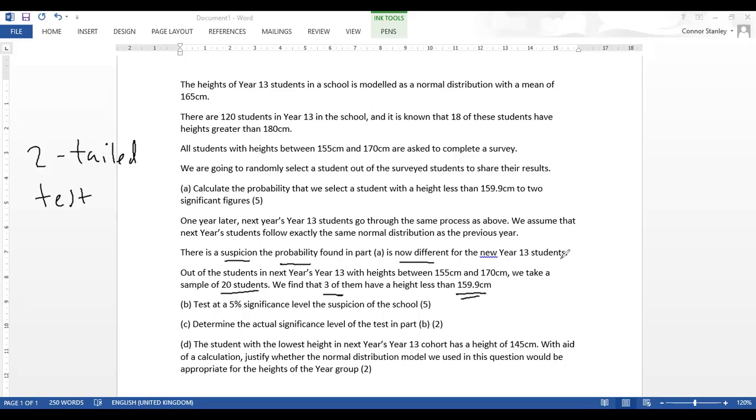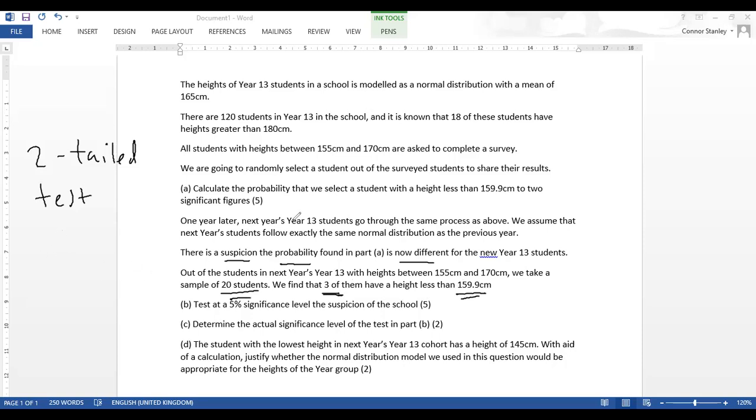This is discrete data. Heights, of course, are continuous, but we're not worried about the average height. We're not taking the mean of their heights and doing a normal distribution test. We're just counting, in our sample of 20, how many of these students have a height less than 159.9 centimeters. We want 3 successes out of 20. We're talking about a binomial distribution.